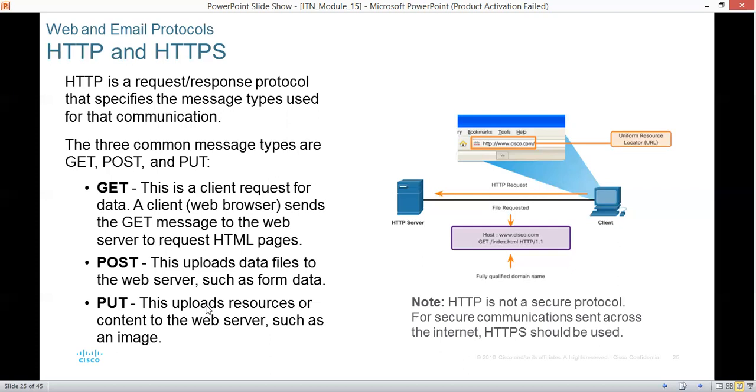The POST is used to upload data files to the web server, such as form data. The PUT is used to upload resources or content to the web server, such as an image or graphics. HTTP is not secure, which we know already, and HTTPS should be used instead of HTTP. HTTP uses port 80, while HTTPS uses port 443.